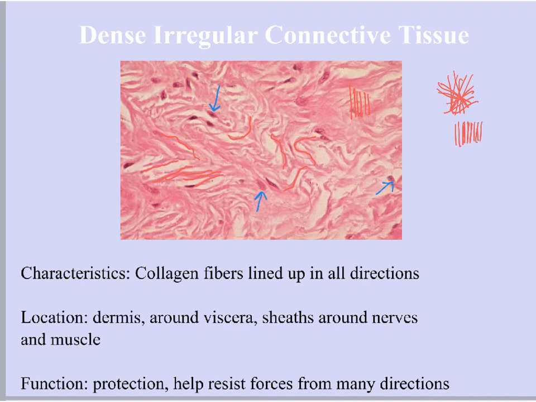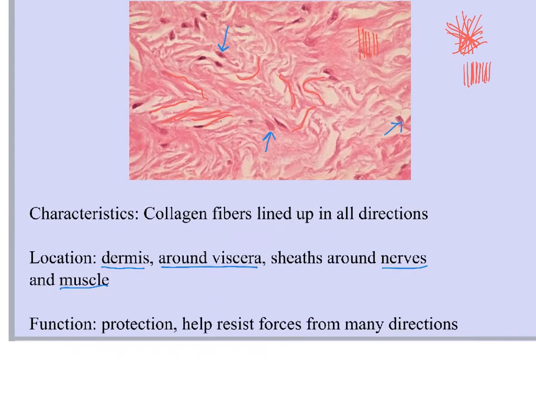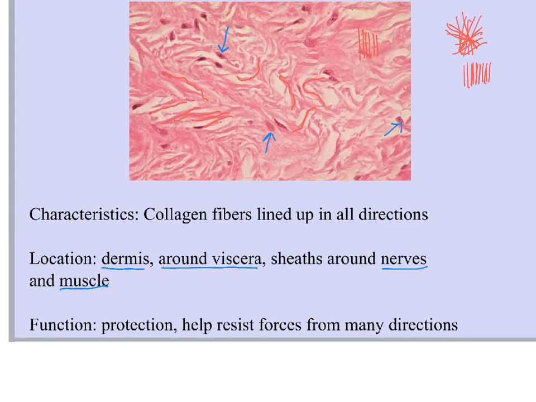Where we find dense irregular is pretty common. We find it in the dermis. We find it around the viscera, or your internal organs. And you find it in sheaths around nerves and around muscle. Its function is to do a few things here. It assists in protecting those structures.